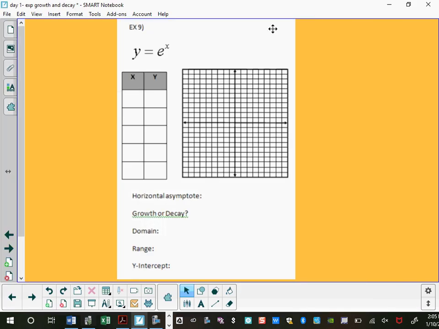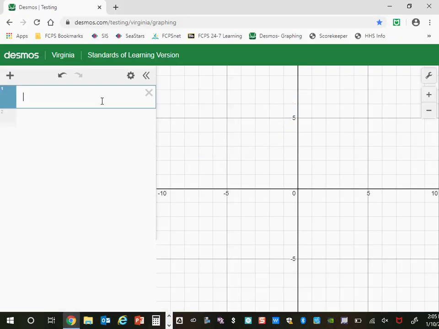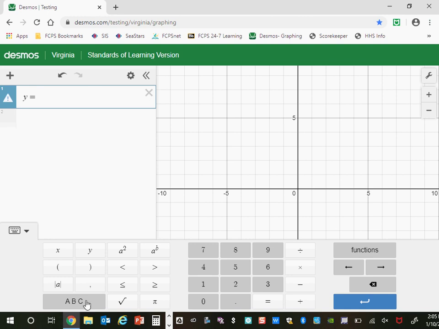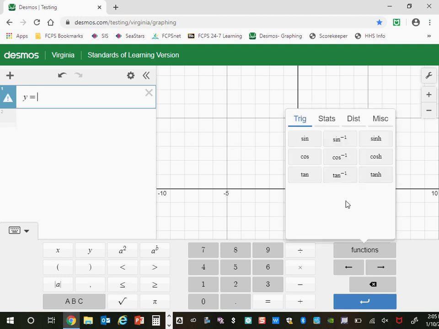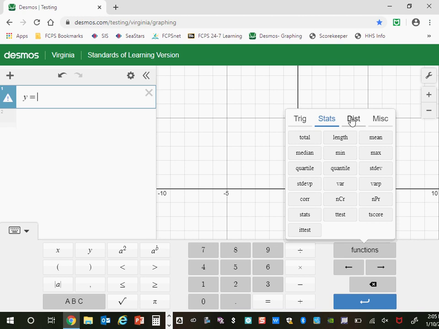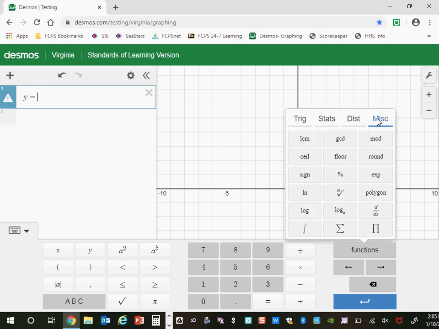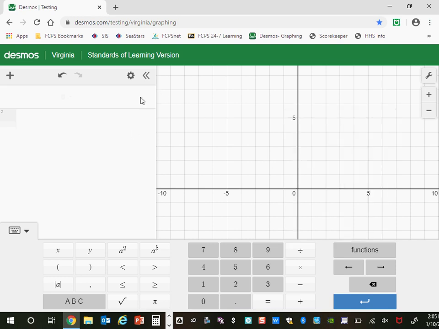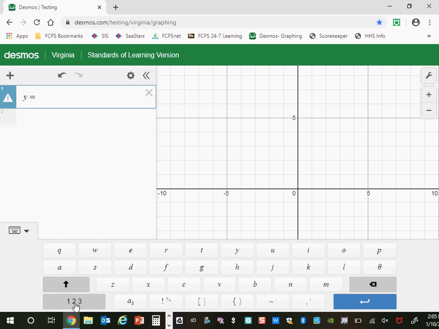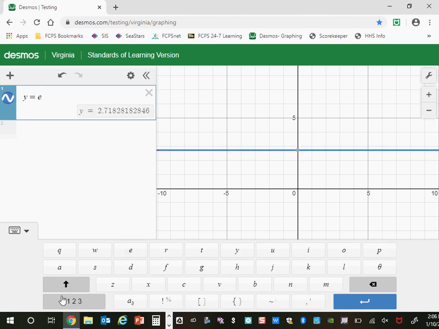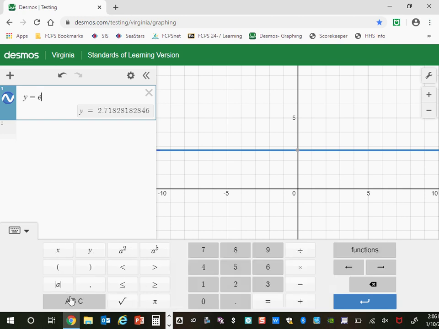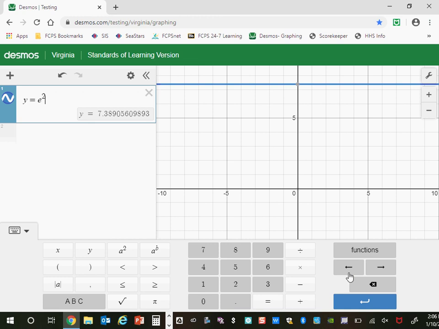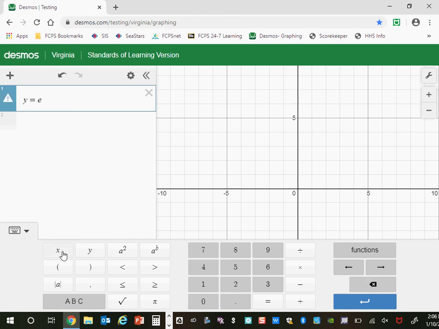If you have Desmos, we have y equals, let's see here, go to functions. I don't think the regular E will work, but let's see. Oh, it does work. So in Desmos, just type in the regular E from your ABC, and then go to the exponent, backspace to make it an x.